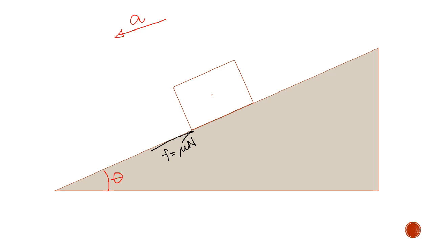Now, suppose that this is the center of gravity. Of course, it will be having its weight directed vertically downward. This is the weight, which is equal to mg.